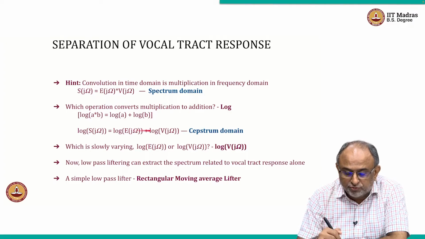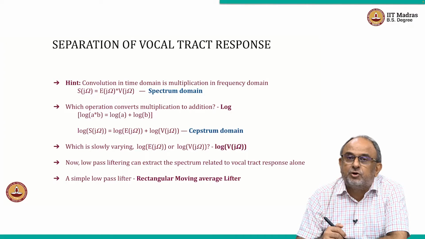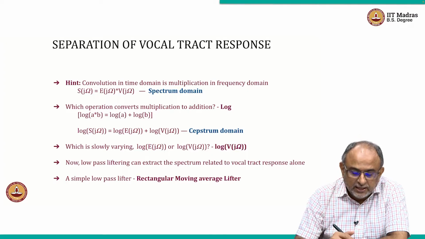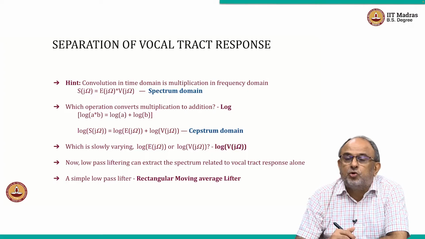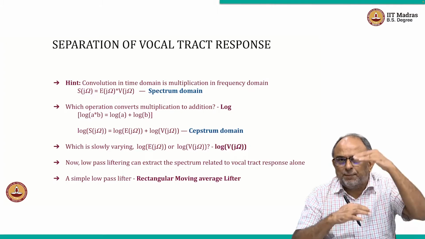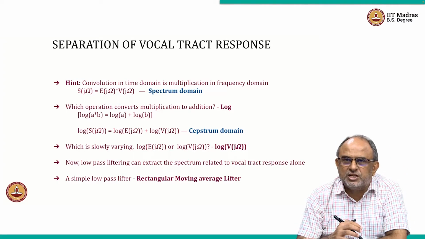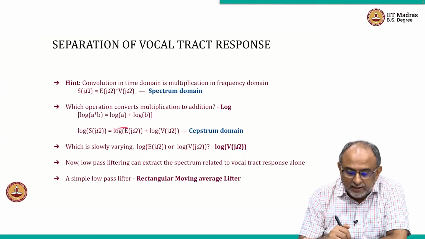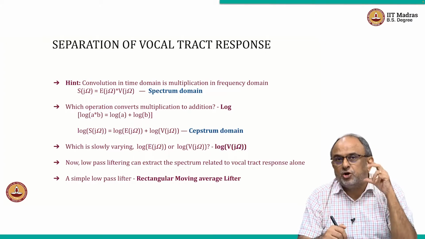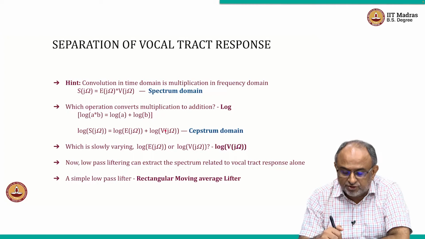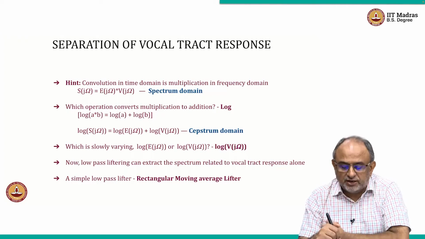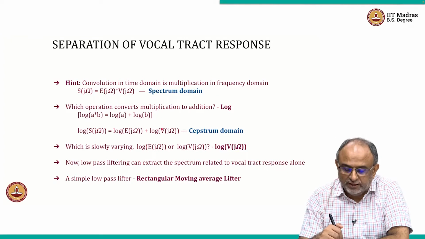So this is beautiful. So this is similar to what I had discussed last class. I am actually having access to only log of S of omega. That's just the amplitude, which reduces the dynamic range by applying log. But now it becomes additive. There is a rapidly varying part, which is the log of the excitation frequency response, and the vocal tract frequency response, which is slowly varying, right?